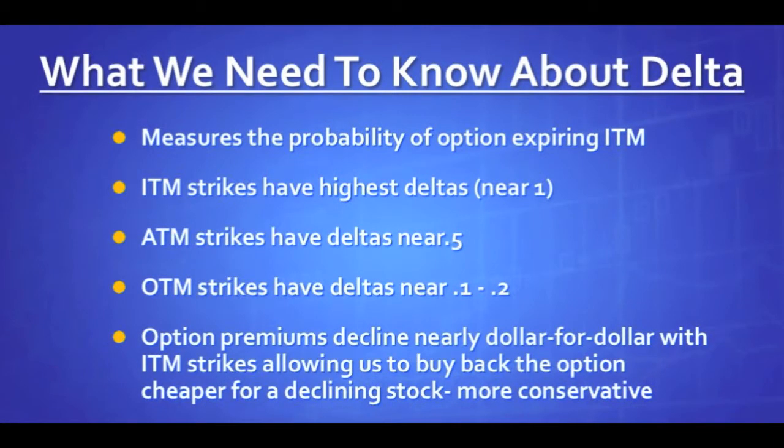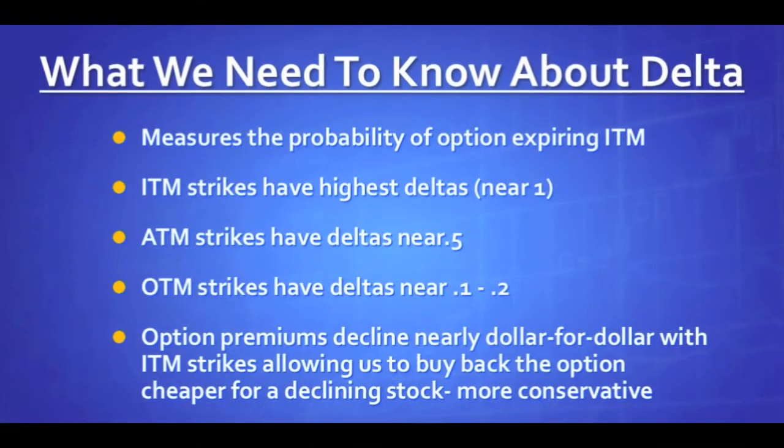We'll start with delta. Now, as we said before, delta measures the probability of an option expiring in the money. In other words, it changes a certain amount for every $1 change in the price of the stock. So basically, a delta will tell us the probability of that strike price ending up in the money, or lower than the market value of the stock, by expiration Friday.